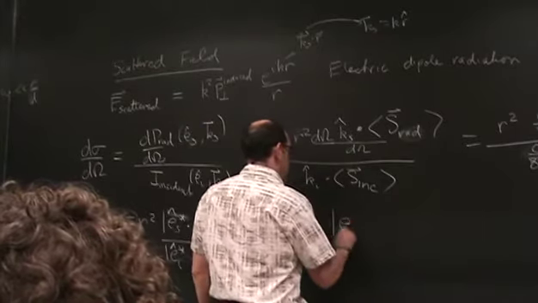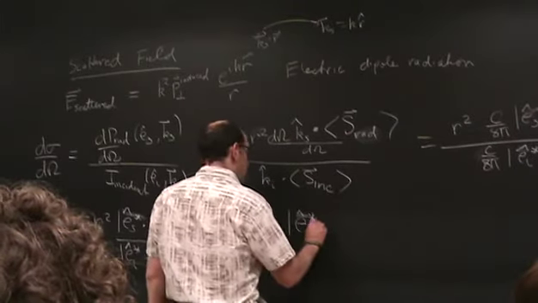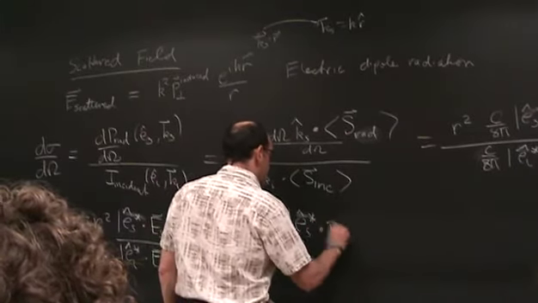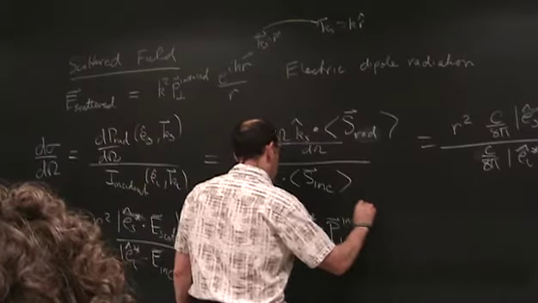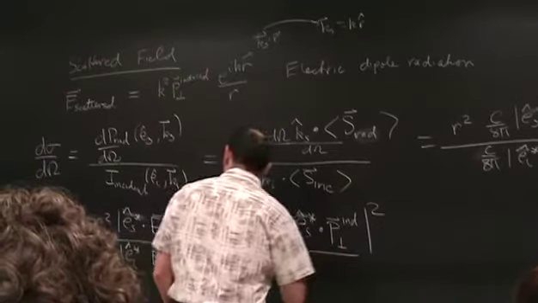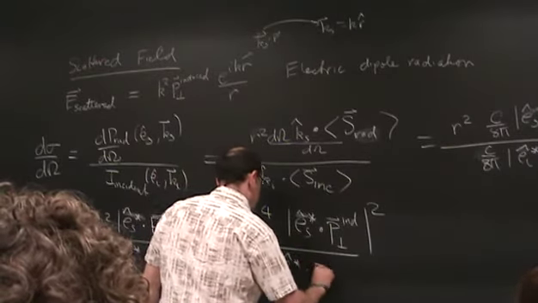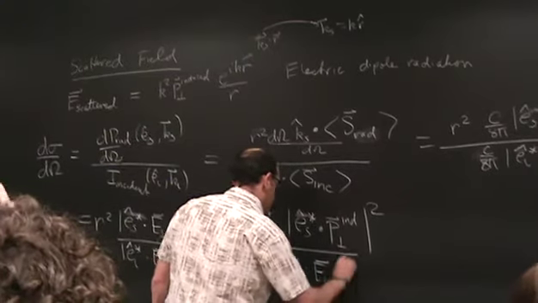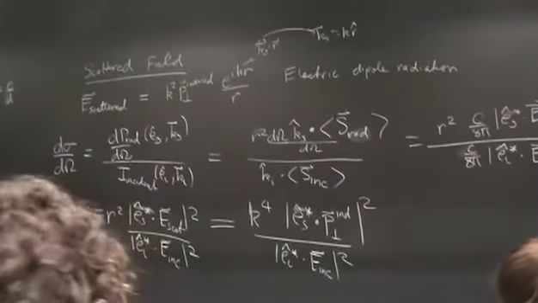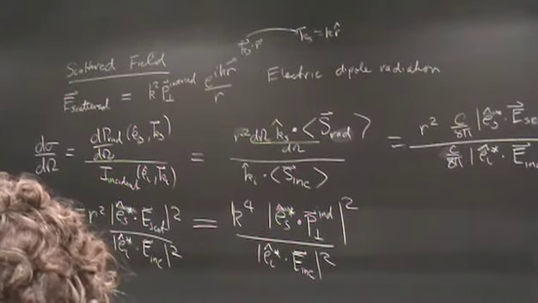The dot product between the scattered polarization unit vector dotted into the transverse component of the induced dipole moment squared, divided by the incident amplitude squared. All right?